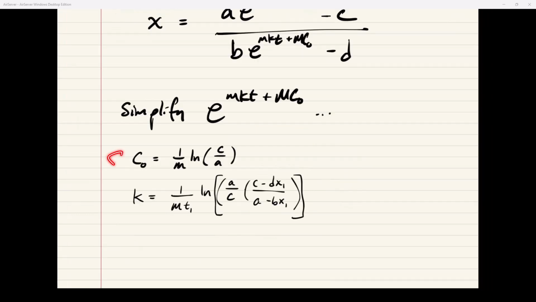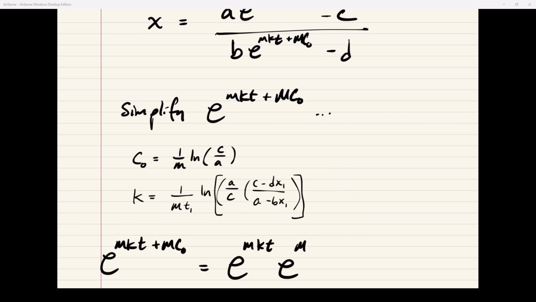Well, remember we have identified those values for the c naught and the k, and I think some worthwhile simplification is mc naught. This we can write as e to the mkt and then e to the mc naught.